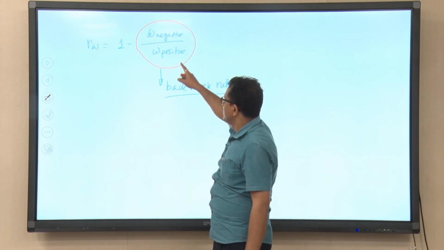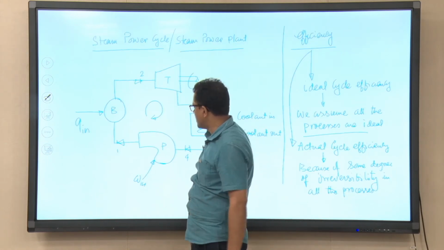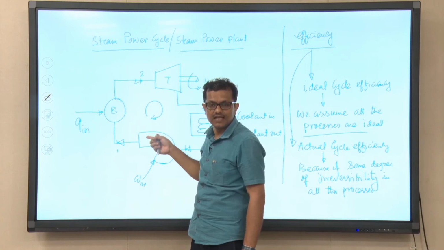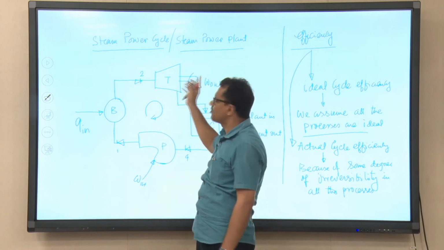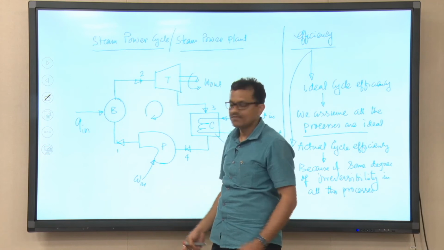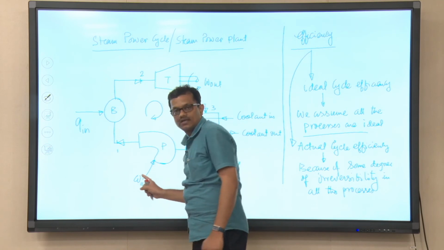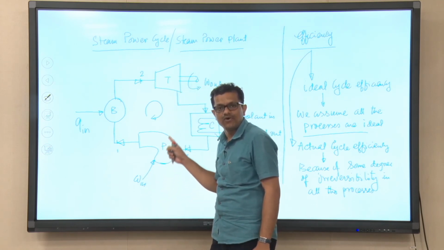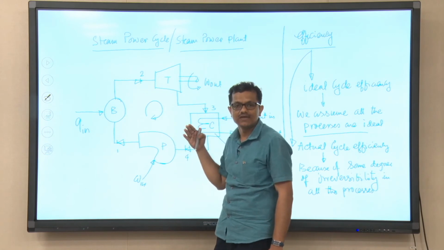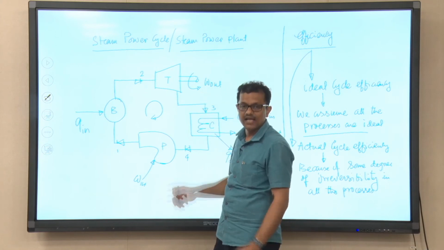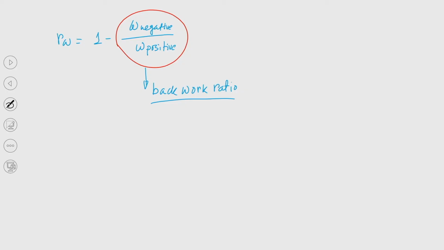If we go back to the cycle, if the work being supplied to the pump for the operation of the cycle is a significant part of the positive work that we are getting from the turbine, then this quantity will be high, and the efficiency of the plant will be lesser.